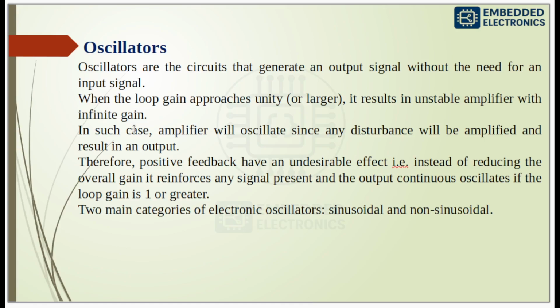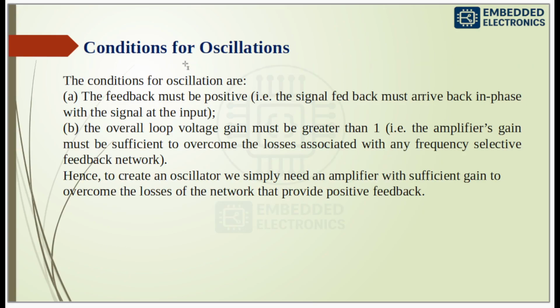Negative feedback can be applied to an amplifier to form the basis of a stage which has precisely controlled gain. But if we apply positive feedback, it can be applied to an oscillator, and it will give the undesirable effect. The conditions for oscillation: the feedback should be positive, so the signal fed back must arrive back in phase with the signal at the input.